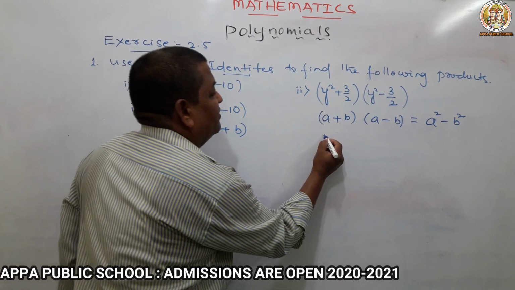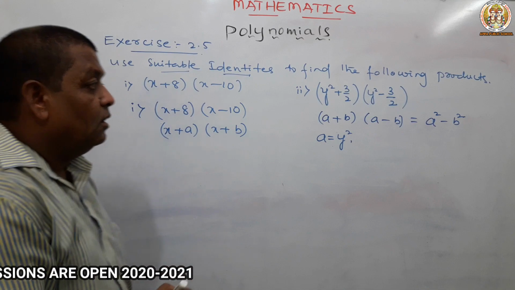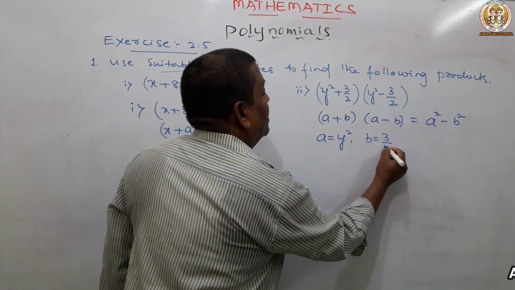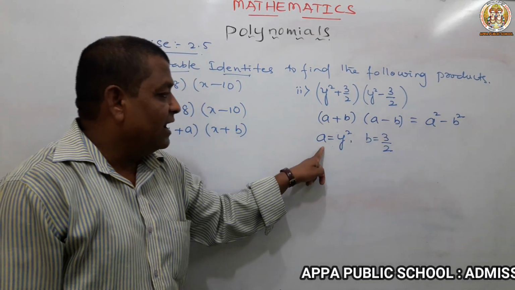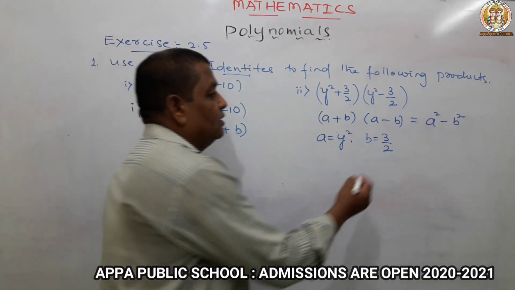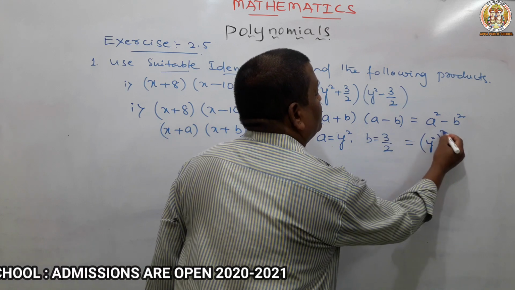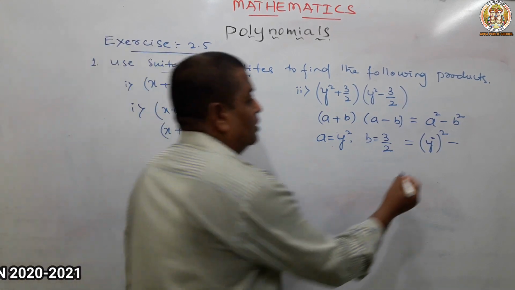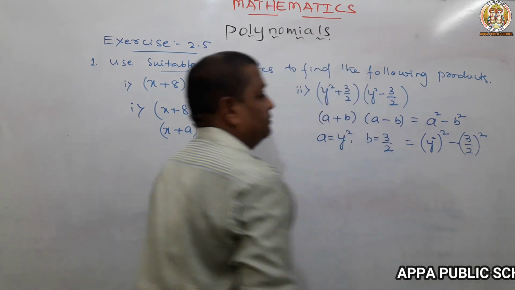Okay. What is a? A is y square. What is b? B is equal to 3 by 2. So I got both the values of a and b. What is next? We need to substitute in the formula. That's all. So a square, y square whole square, minus b square, 3 by 2 whole square.